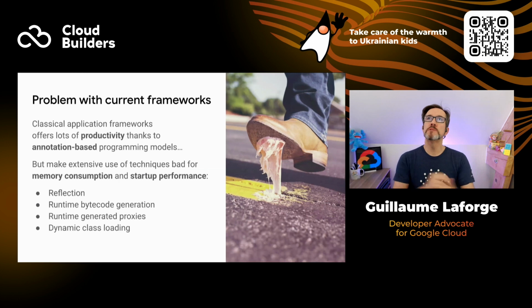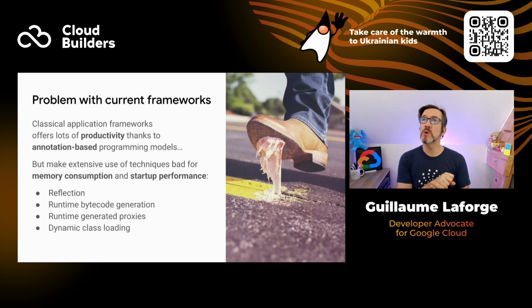And so to step back a little bit on why Micronaut came to life, if you look back at classical frameworks, the problems we often see with those are the nice programming models that they offer, often annotation driven, etc. To simplify the life of developers, what they actually do is generate lots of stuff at runtime. So there's lots of reflection which is used. There may be some runtime bytecode generation used again at runtime.